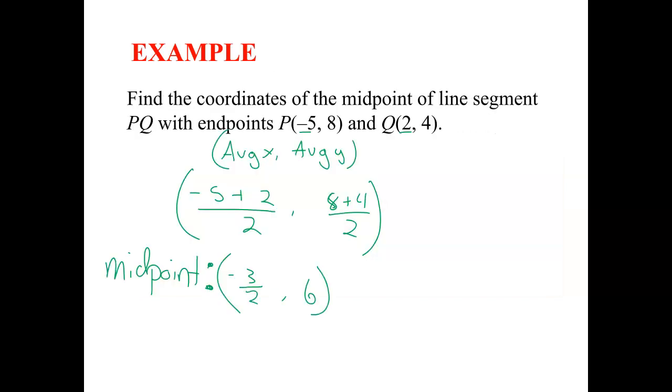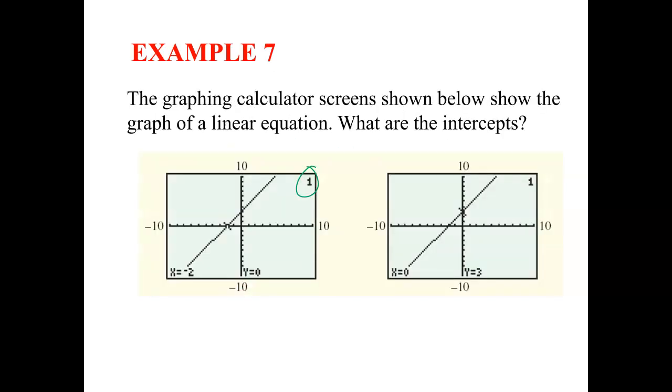So, when you trace along the line, we see that we intersect our x-axis at -2. So that gives me an x-intercept of what? We trace along our graph, we see that we are touching the x-axis at -2. So what's my x-intercept? -2.